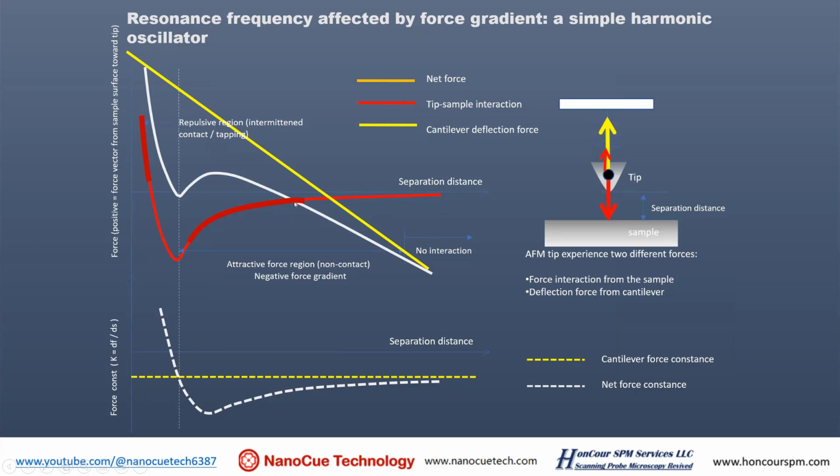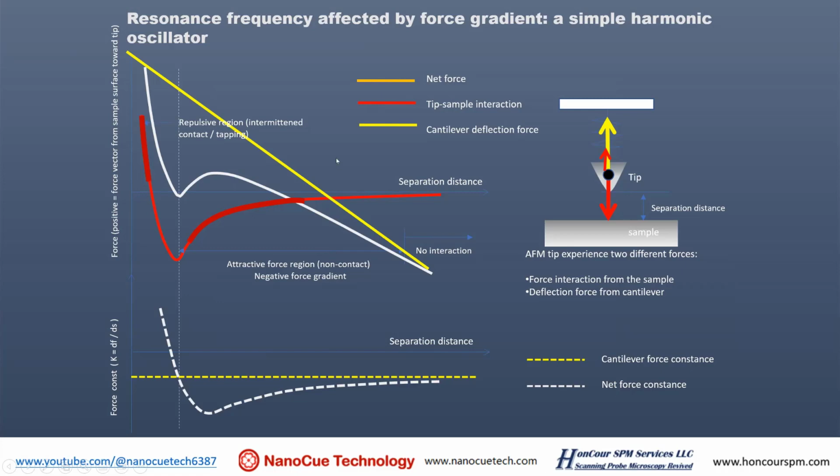As the tip and sample distance decreases, the tip will experience attractive force, and this attractive force basically adds a negative spring, or pulling spring, from the cantilever. The spring constant of the cantilever actually is reduced by this attractive force and force gradients.